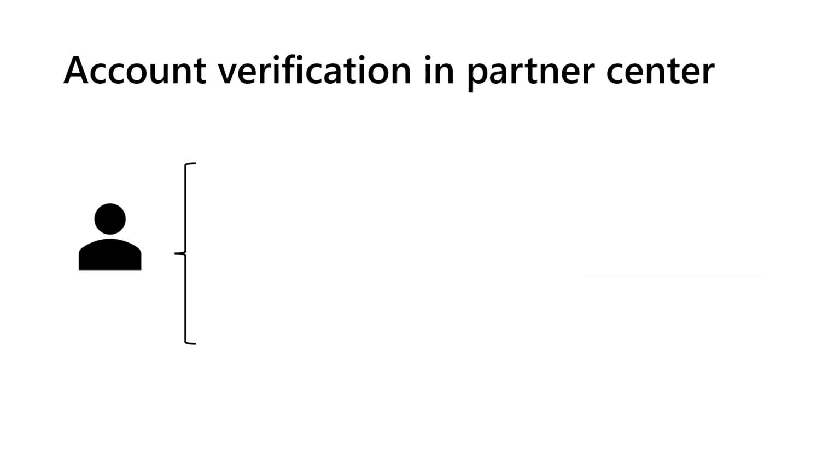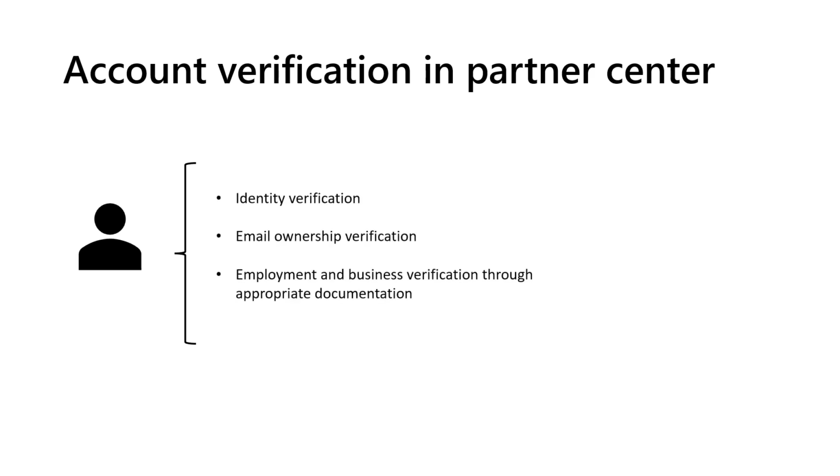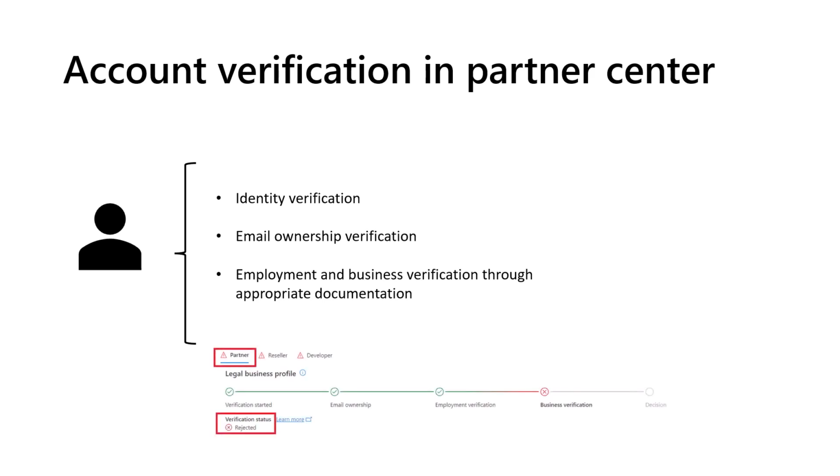Now, let's see how you can get your account verification completed in Partner Center. Before you publish any offers, you will need to ensure your account has completed all the required verifications like identity verification, email ownership verification, employment and business verification, etc. Here's a quick screen grab of a scenario where these verifications have failed in Partner Center.